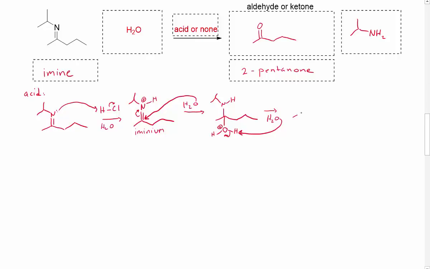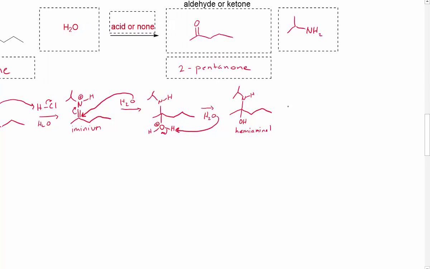We can deprotonate the oxygen, which gets us to a neutral structure called a hemiaminal. And then we can protonate using the conjugate acid of the base that we had used.